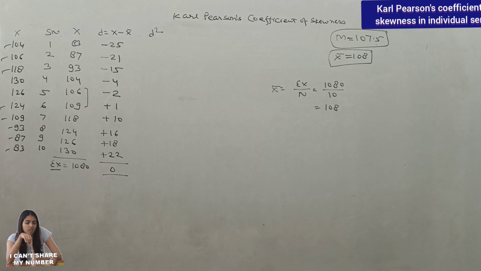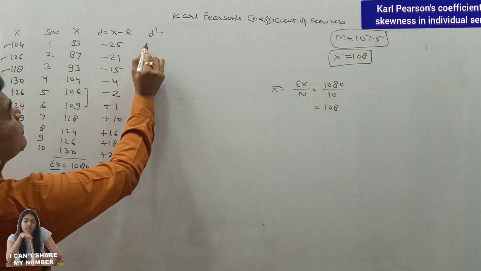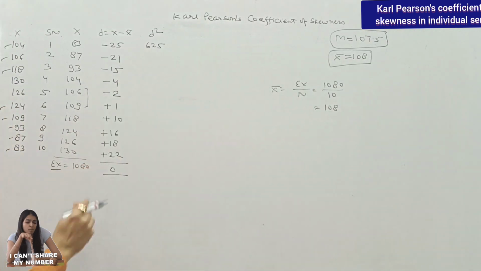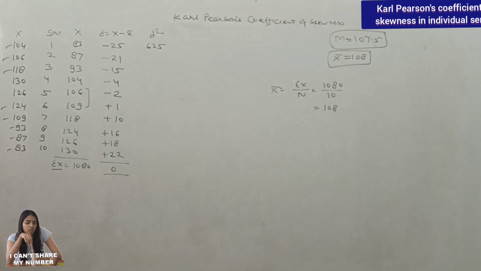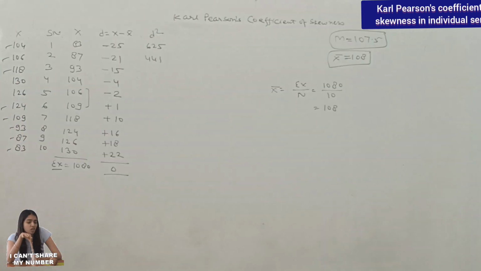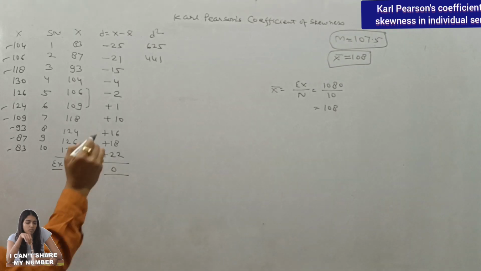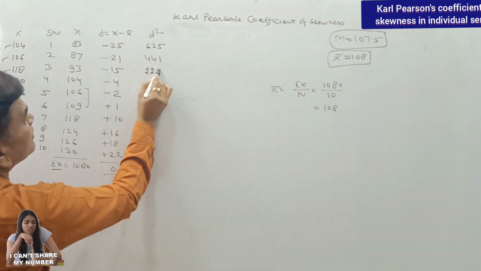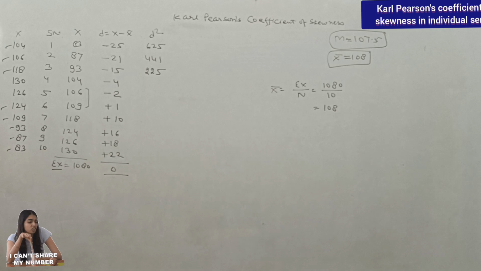So 25 multiplied by 25 is 625. 21 multiplied by 21 is 441. 15 multiplied by 15 is 225. 4 multiplied by 4 is 16.